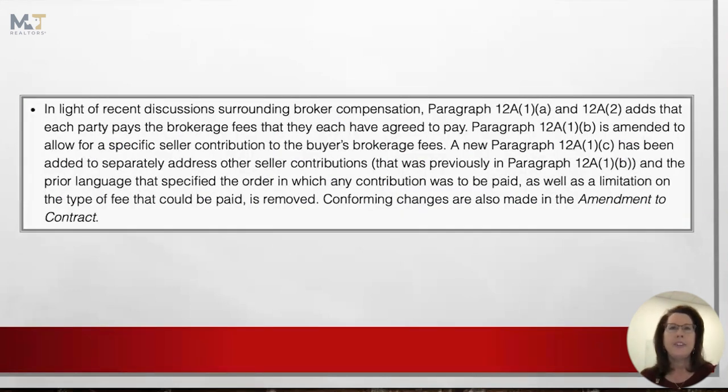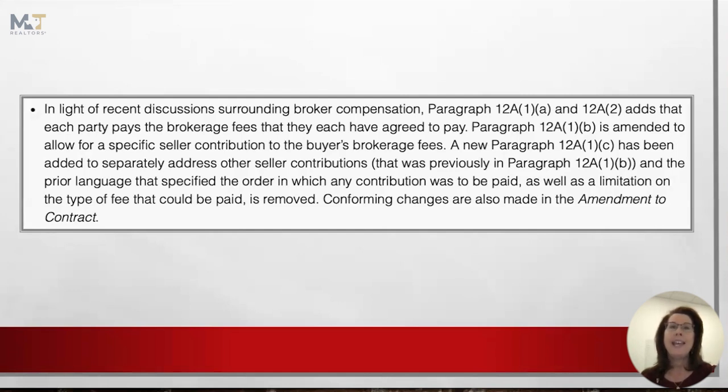So here's the one that I know everybody is really wanting to get to, and this is paragraph 12. So in light of the recent discussion surrounding broker compensation, paragraph 12A1A and 12A2 adds that each party pays the broker fees that each have agreed to pay.